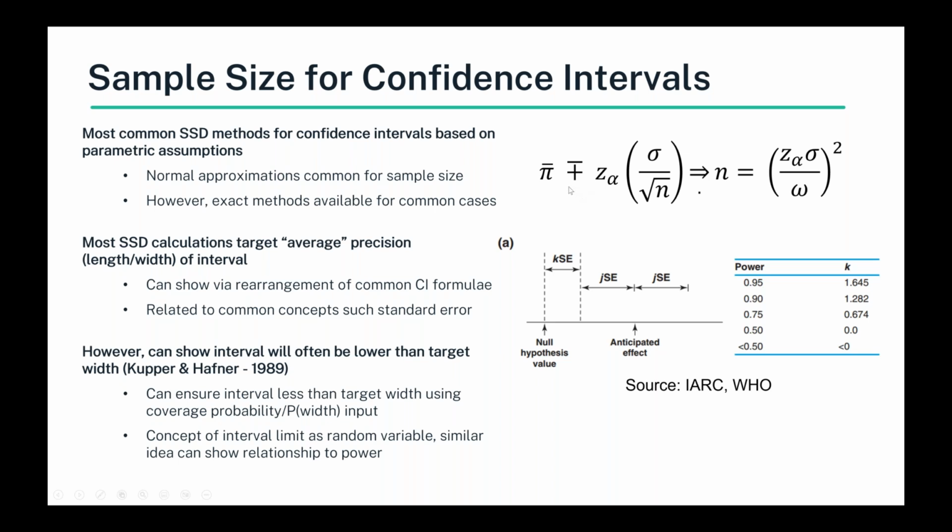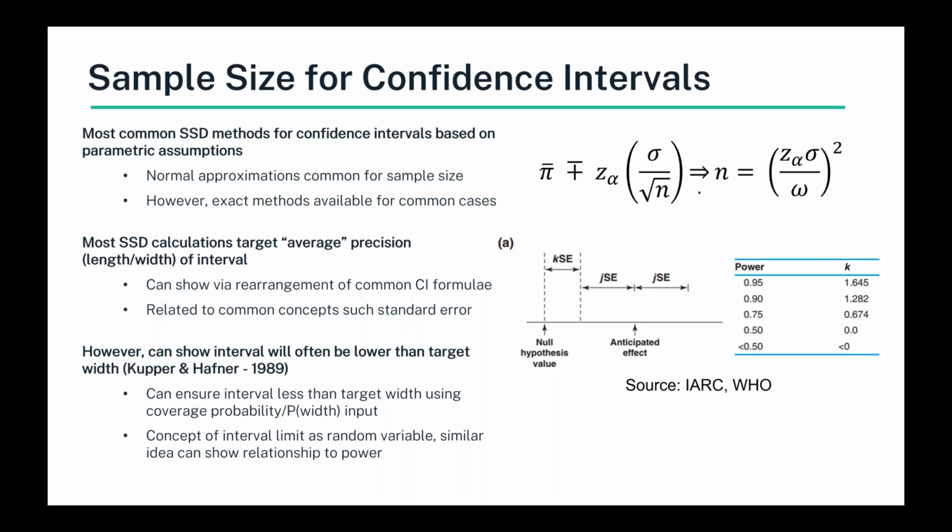So the confidence interval is the sample mean, p-bar, plus or minus Z alpha multiplied by the standard error. For a 95% two-sided interval, this Z alpha would be the famous 1.96. And here, the standard error is the standard deviation sigma divided by the square root of n. And then in a simple case like this, you can easily just rearrange the formula to have n on the left-hand side on its own.